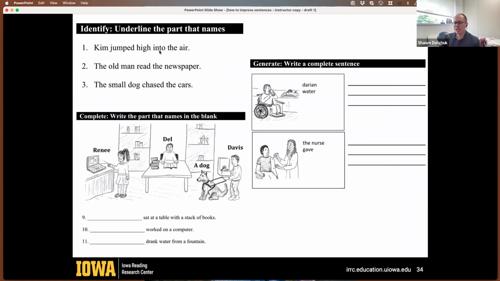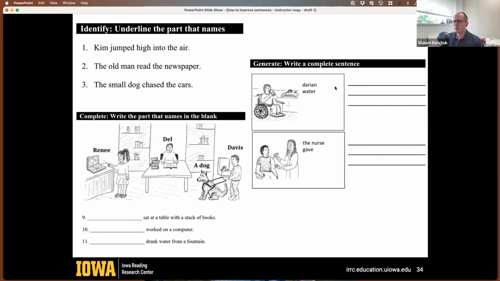So here would be an example of how you could use it for identifying complete formats. Kim jumped high into the air. It could be underline, tell me, or read the first sentence to me. Kim jumped high into the air. Get ready to tell me the part that names. And then they could say, Kim. Okay, Kim. And then you could have them underline it. So you're constantly involved in a volley of having them identify the different parts, having them complete the different parts.